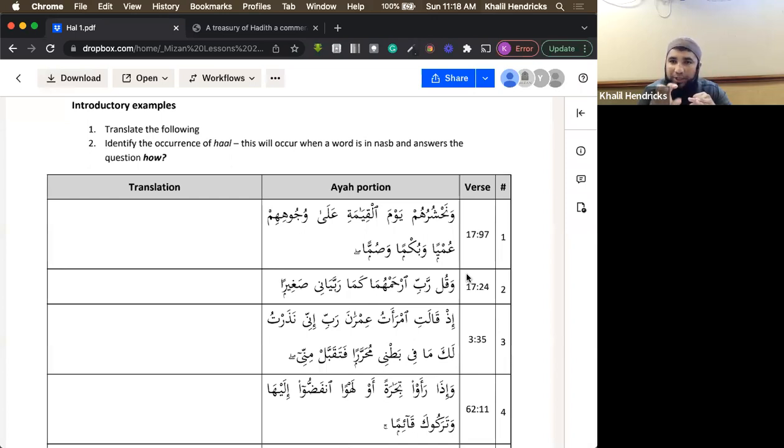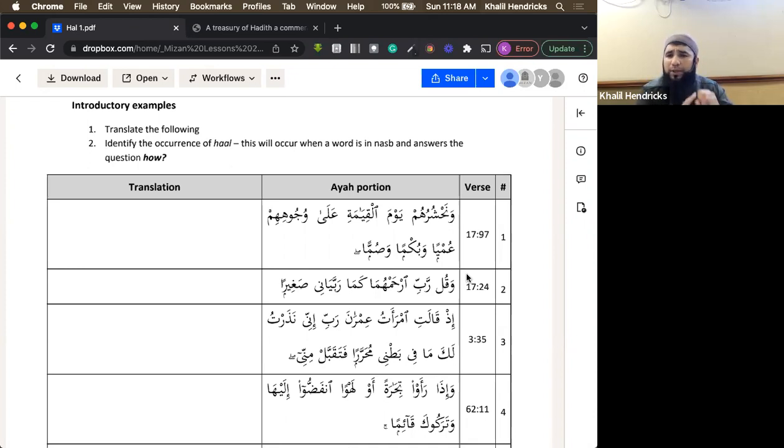So when Allah will gather them, He will gather them, and they will be at that time blind and dumb and deaf. But those will be, you can see those are just added to the list. And when we add things to a list, the first one in the list is the main one that gets the hal.